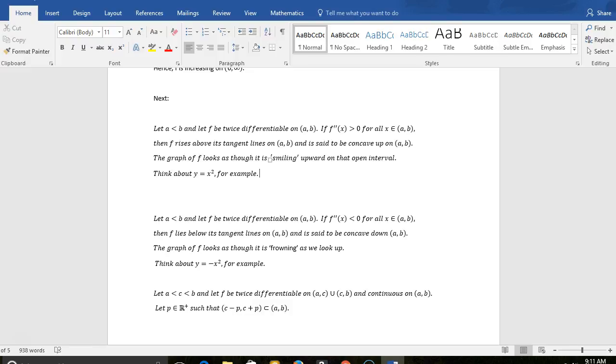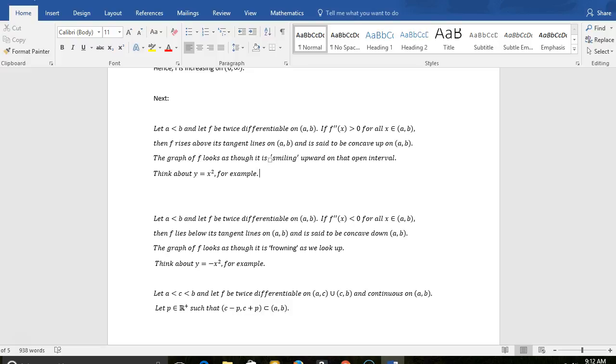An inflection point is where the concavity changes, where you either go from concave up to concave down, or from concave down to concave up. In other words, f double prime goes from negative to positive or positive to negative. That's what an inflection point does for you.